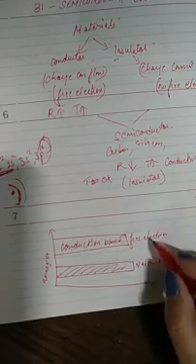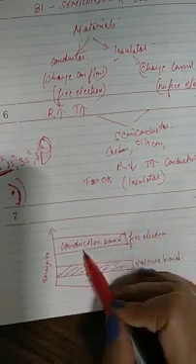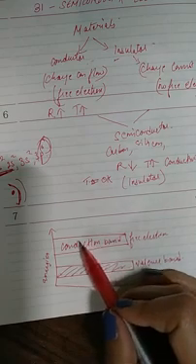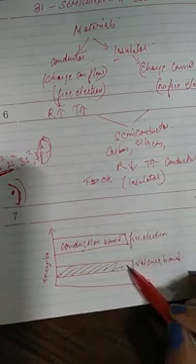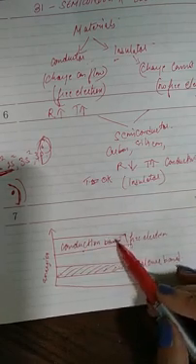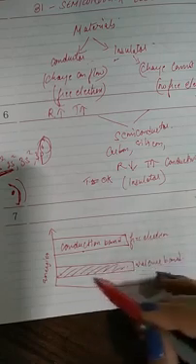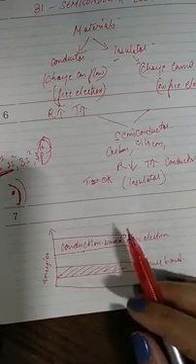Second point, generally the conduction band is empty, but when external energy is applied, the electrons of the valence band jump to the conduction band. So if external energy is there, the electrons from this band jump to the upper band.